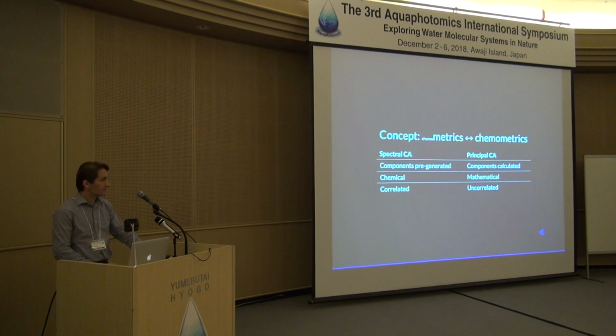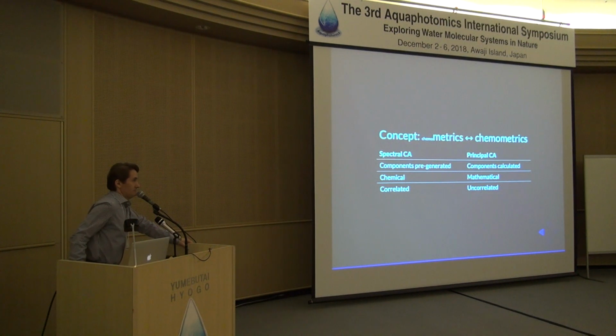I have just a quick comment, especially in the domain of MCR analysis and infrared spectral applications. It's becoming more and more popular to use what in machine learning is called dictionary search.